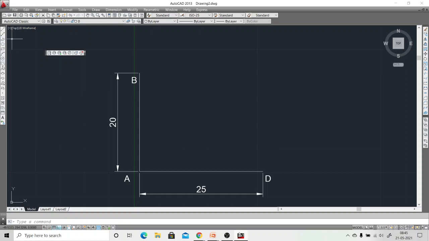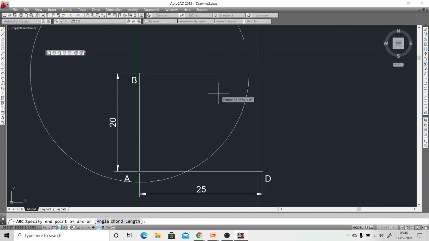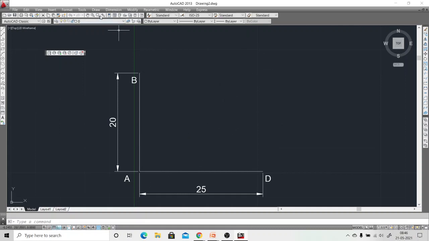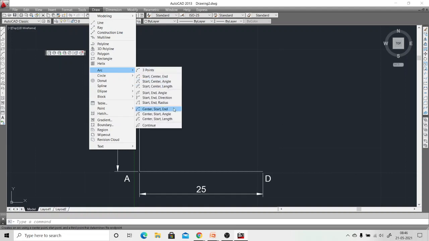Now to get the point C, I will go for drawing the arc here. You need to take the radius in your compass and draw the arc. Now this is the center point. Better to go for draw arc with center point, start and radius.